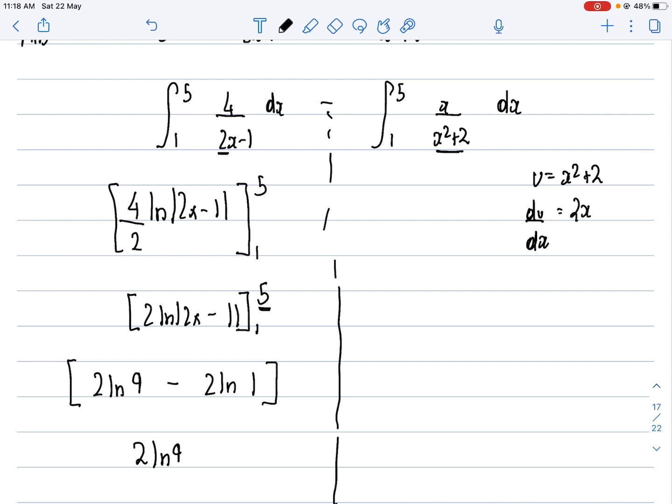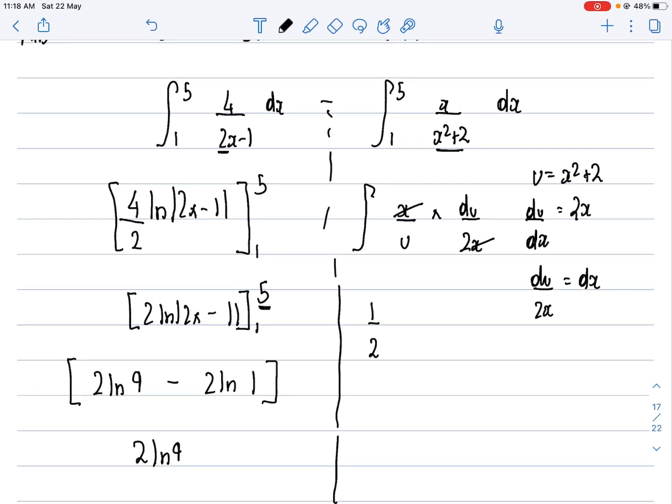Okay, so now I get this as du by 2x equals to dx, which can basically be written as, I can't write the limits now because I'm writing everything in terms of u. So this is x over u into, instead of dx, I can write du by 2x. And simply cut the x's to get 1 over 2 multiplied with the integration of 1 over u du.